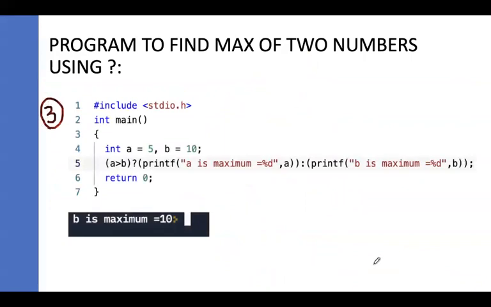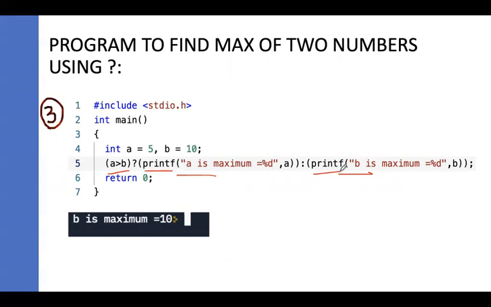You must be saying that, ma'am, there are a number of methods. Yes, obviously. You can do a program in multiple ways. So this is the third method. Now, I said that when this expression is going to be either true or false, either operand 2 or operand 3 is going to be executed and it is going to return that value. It means instead of writing only the variable name, you can also write the printf function as well.